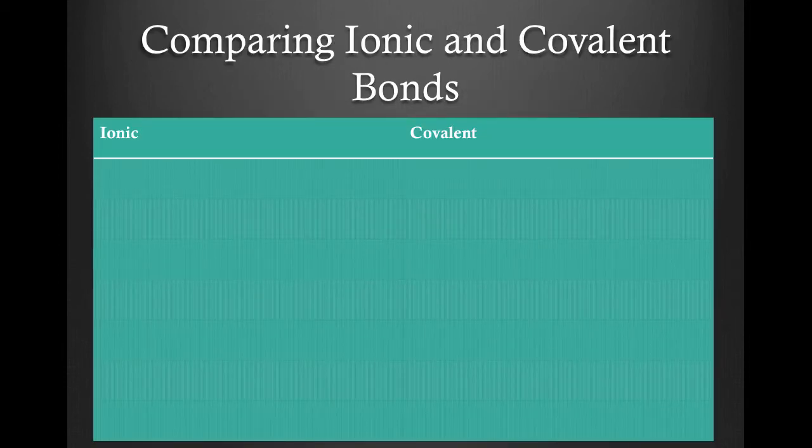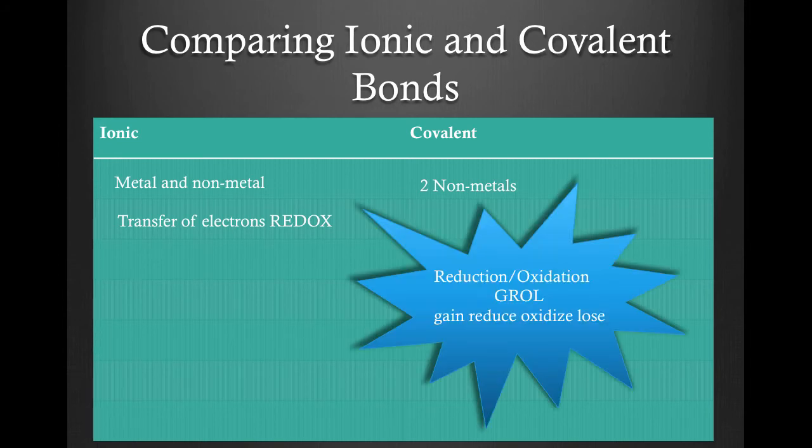Now let's compare ionic and covalent bonds now that we've learned a little bit about them. An ionic bond is formed between a metal and a nonmetal, a covalent between two nonmetals. Ionic bonds happen when we transfer electrons. Remember, this is redox. The way we're going to remember what reduction means and what oxidation means is by using a mnemonic, GRAL.